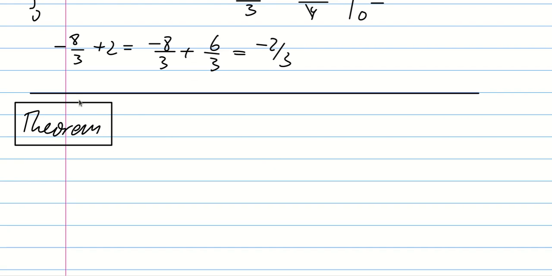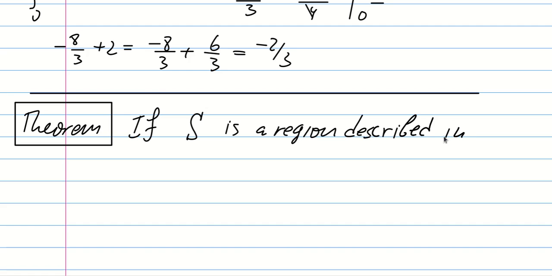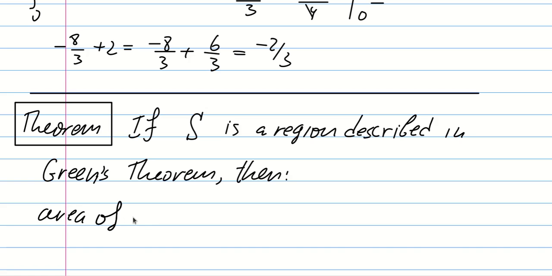So this theorem tells us that if S is a region described in Green's theorem, then we can say that the area of S is equal to 1/2 of the integral over the closed curve of x dy minus y dx.